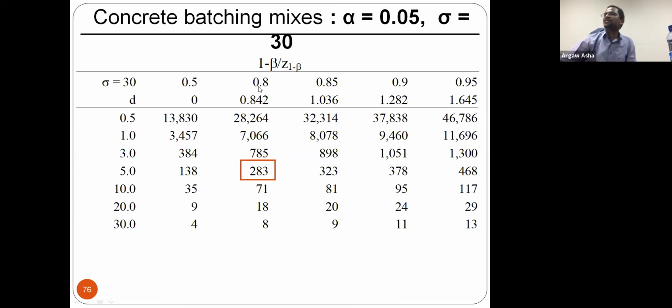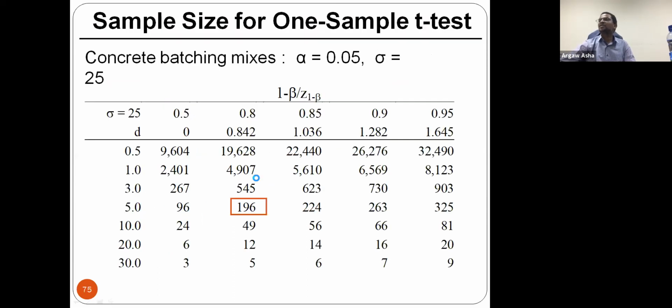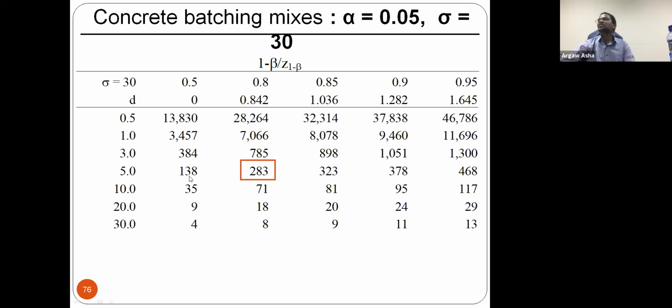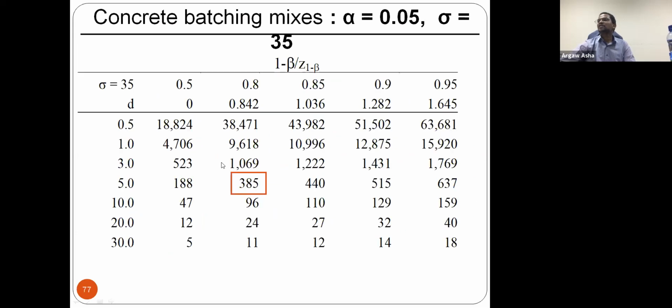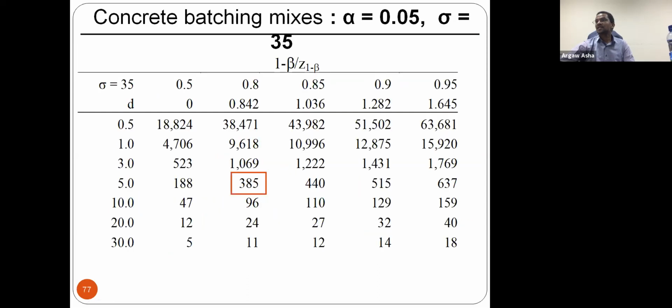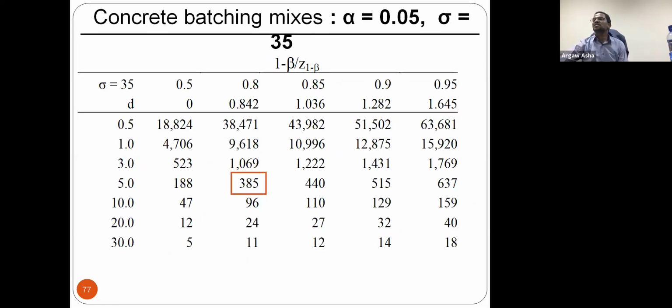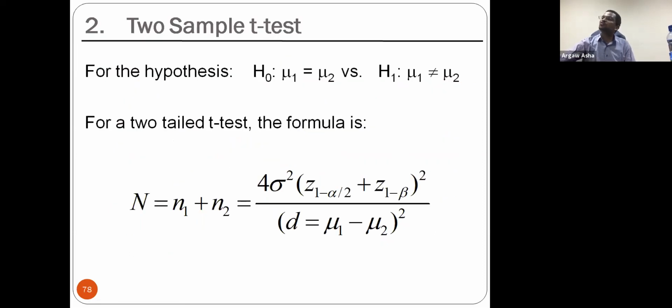If it is 30, 283 comes. The same is true as slide number 74 when you calculate. For sigma 30 it is 283, and then 385 comes. So if you take everything from 196 up to 385, it will satisfy your concrete batching case.